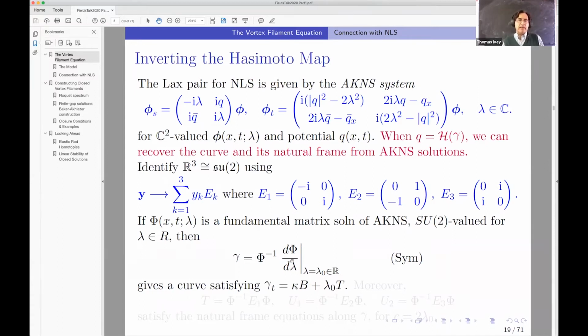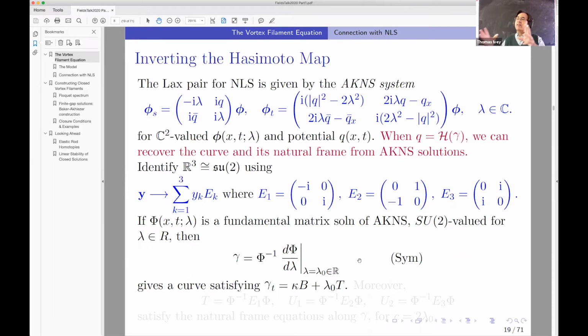And so that means that if I take a fundamental matrix solution of AKNS, that'll be, as I said, SU2 valued when lambda is real, because this is an algebra SU2 valued coefficient matrix. And then if you take phi inverse, now phi is a matrix rather than a vector, phi inverse d phi d lambda, that gives you a matrix in the algebra SU2 when lambda is real.